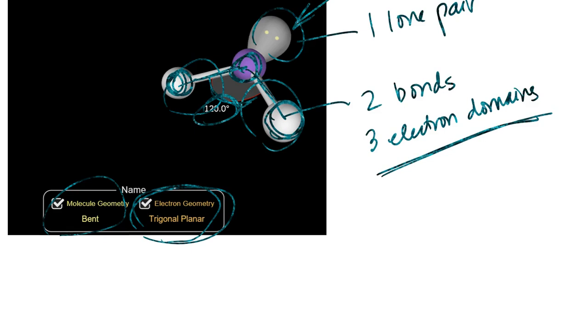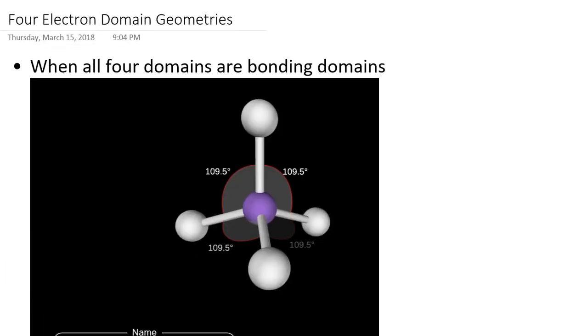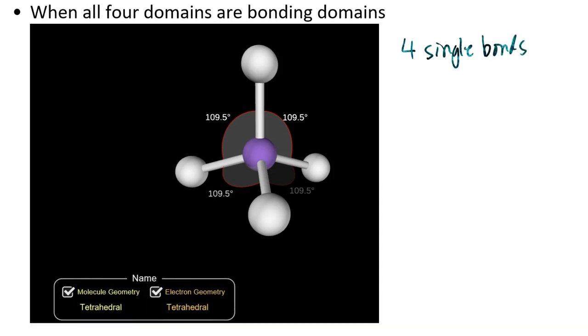All right. Now, what happens when I have 4 electron domains? When I have 4 electron domains, then let's take the case where I have 4 single bonds. Okay, so basically here I can no longer keep the electron pairs involved in these domains in 2 dimensions.